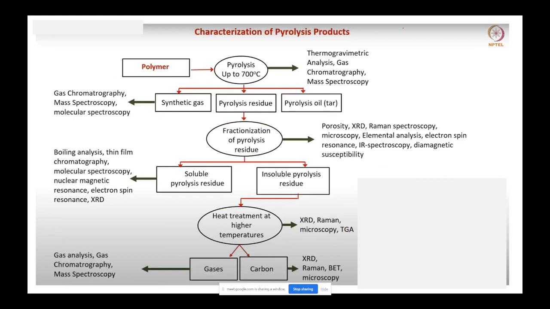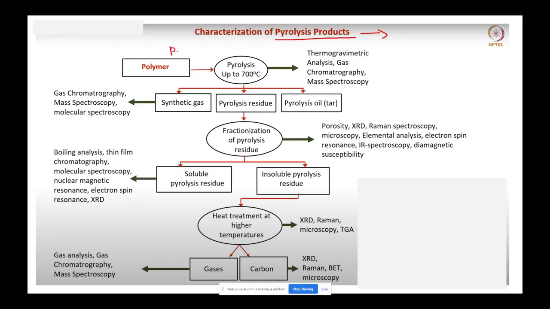Now the characterization of the pyrolysis products. After you do a pyrolysis treatment, you will get the product. In order to know the properties of the material, how we can use it, and what applications it can be put to, you characterize your product. The first thing is the polymer here.